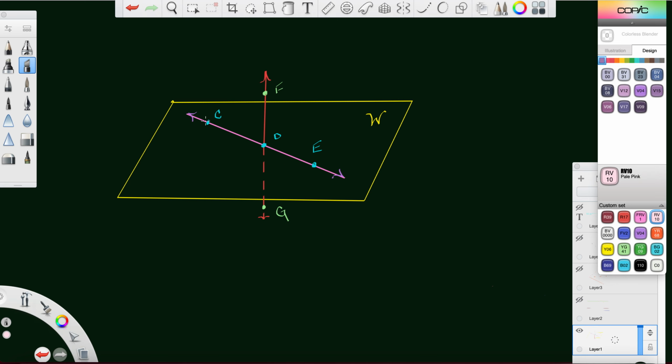Okay, so we look at C and D, and you have to know what the definition of collinear is. Collinear, so two L's, C-O-L-L-I-N-E-A-R. There we go. Collinear. And all that means is on the same line.